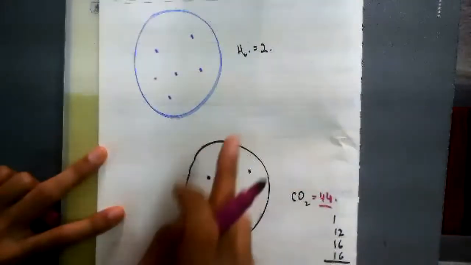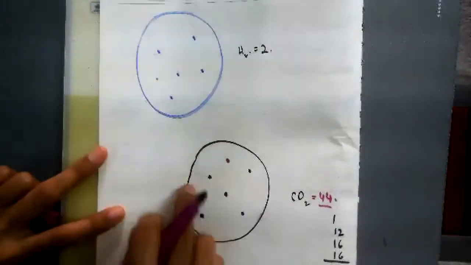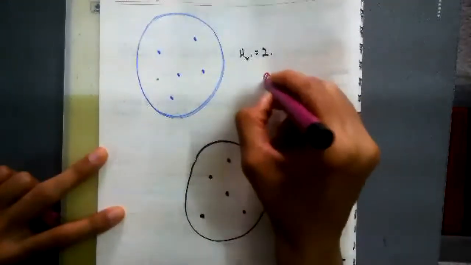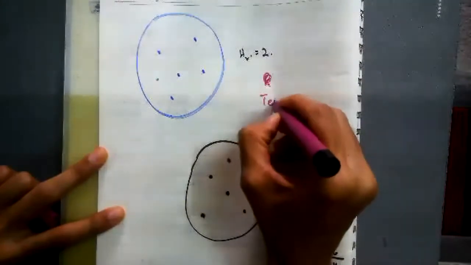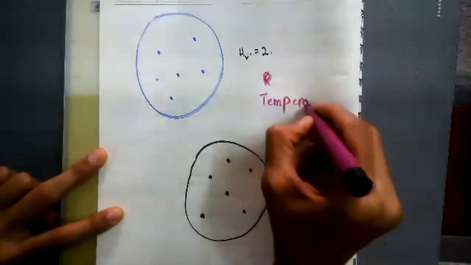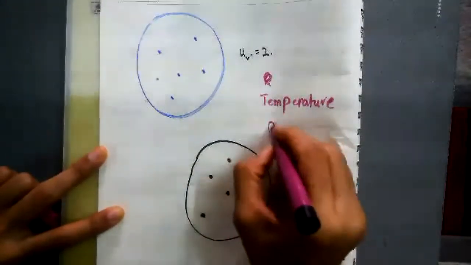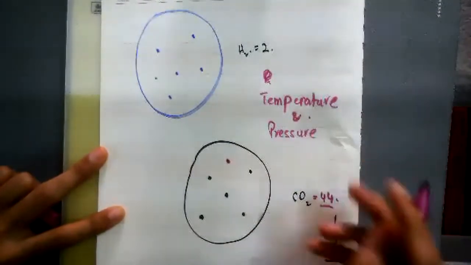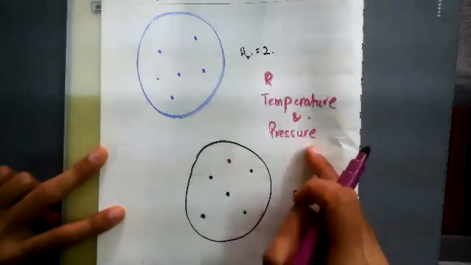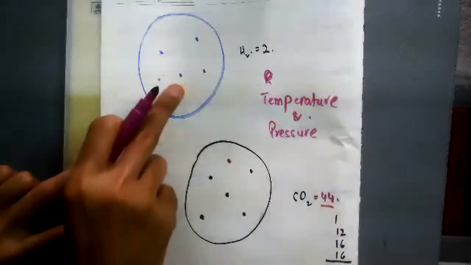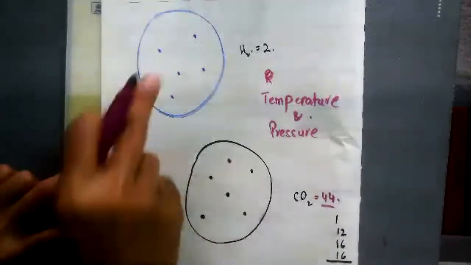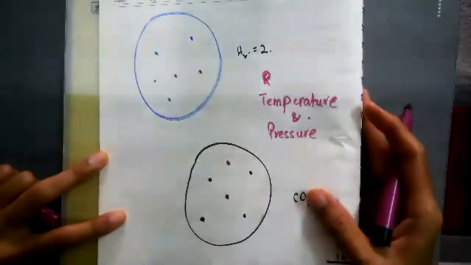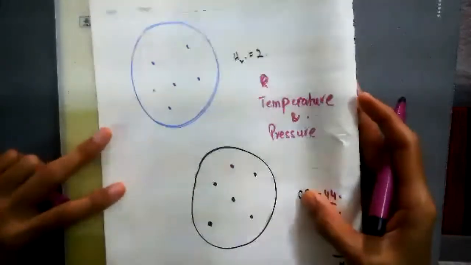But if these 2 volumes are the same, and also the temperature and pressure are the same, the number of particles is going to be the same. Let me try to explain why.